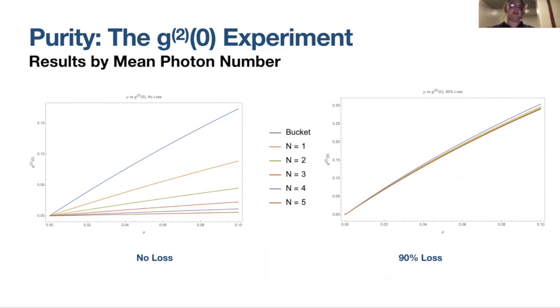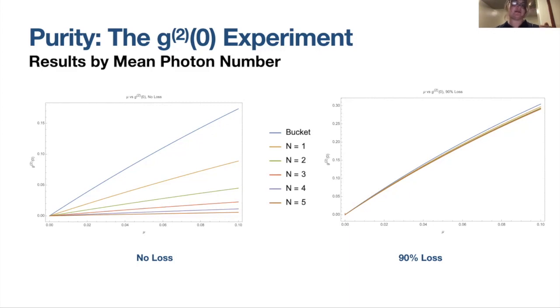As you can see, G2 naught is a measure of purity, and when it's closer to 0, that means the source is more pure. Now, as you can see for the bucket type detectors on the left, there is a clear difference between a bucket type detector and more layers of beam splitters in our photon number resolving detector, meaning stronger and stronger photon number resolving detectors.